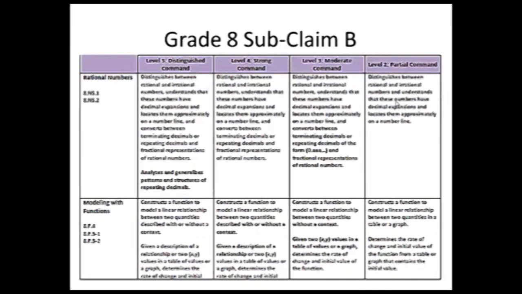this is a really good example to look at, especially as you look at the algebra for 8th grade in particular. You'll see a real difference in terms of the kind of representations that are used. That is absolutely connected to the standards for mathematical practice. So you notice for level 2, I'm modeling a relationship between 2 quantities, and I'm going to construct a function from a table or a graph.